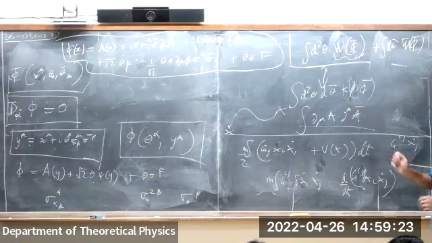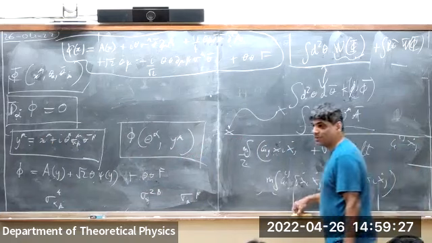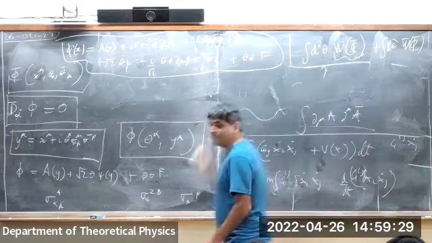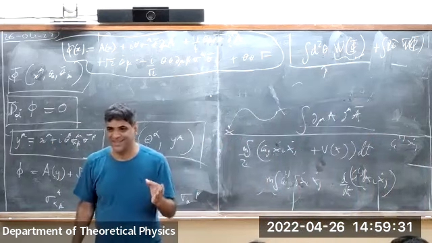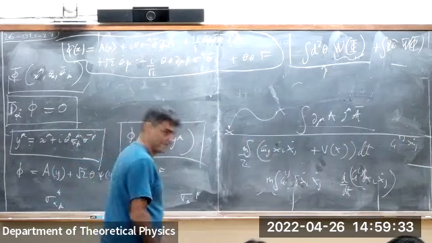So there's one more thing I should have done. I was being lazy. One more thing I should have done was to open out this action. Let me do it. We've done this in the case of quantum mechanics. Okay, I'll just give you the example.